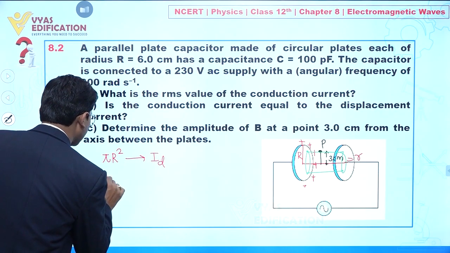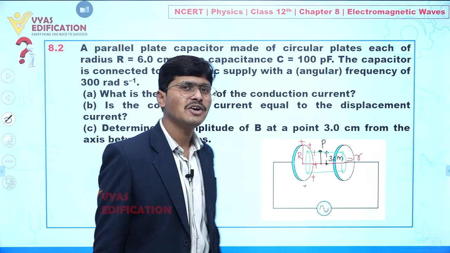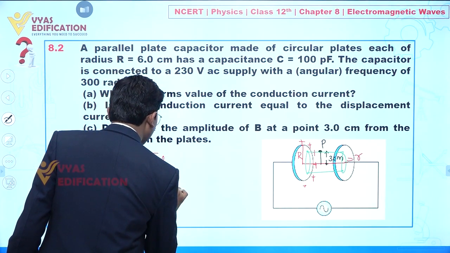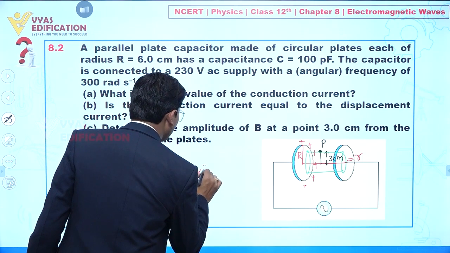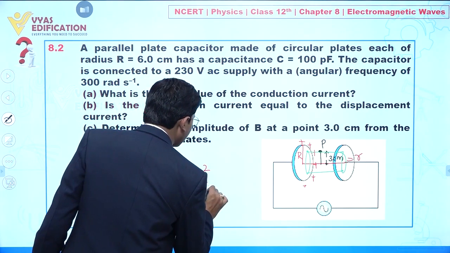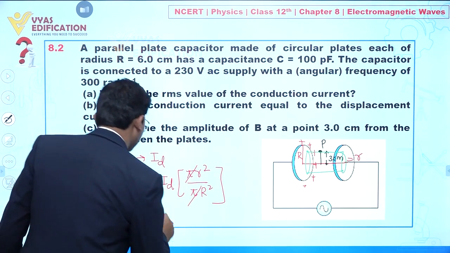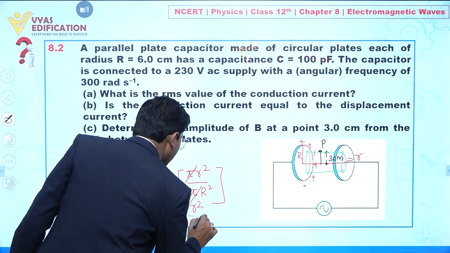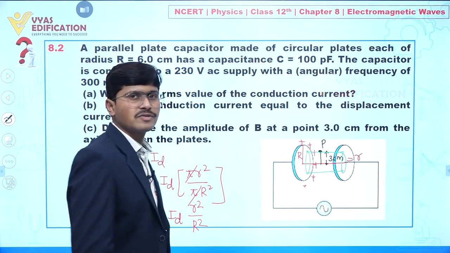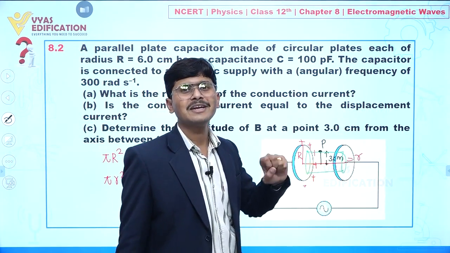So when we have area pi r square, what is the value of the displacement current flowing? It is given by id times pi small r square divided by pi capital R square. Pi and pi cancel out, so this is equal to id times r square divided by capital R square. Clear? So this is the value of current going through this Amperian loop.